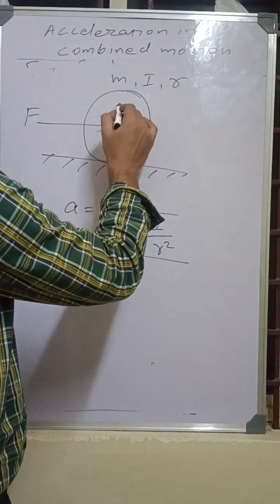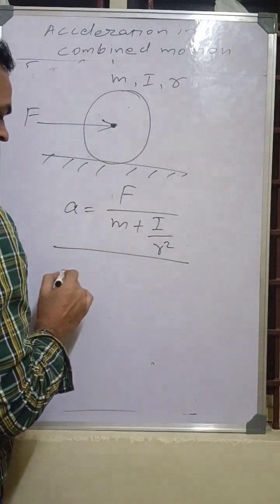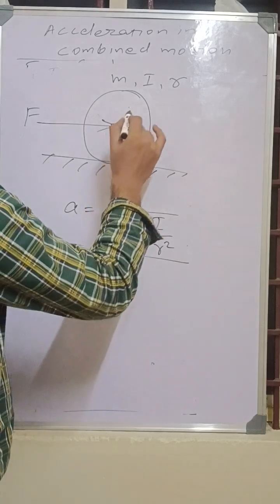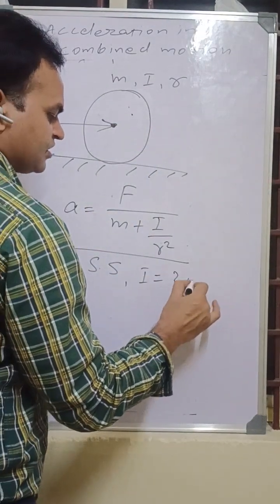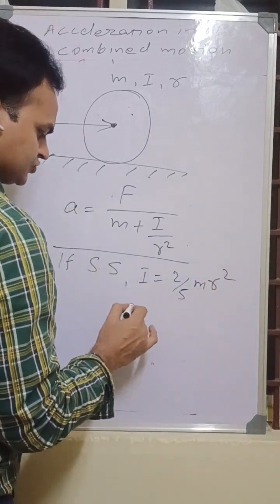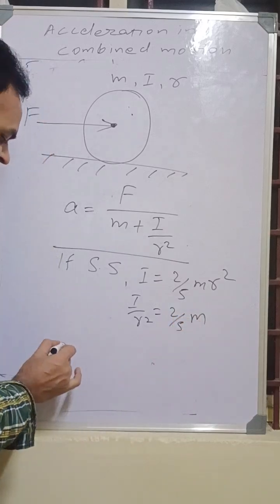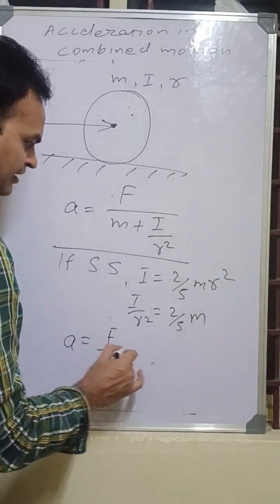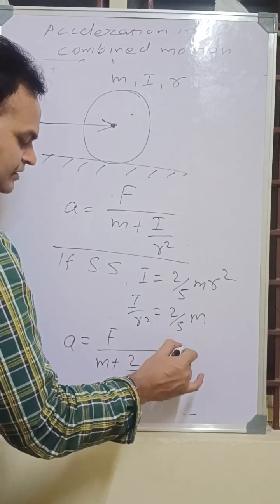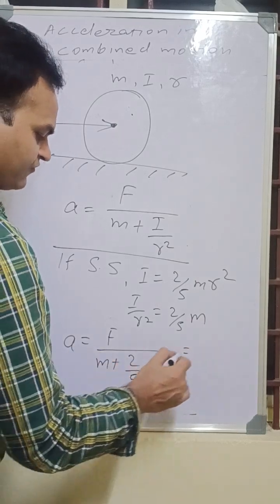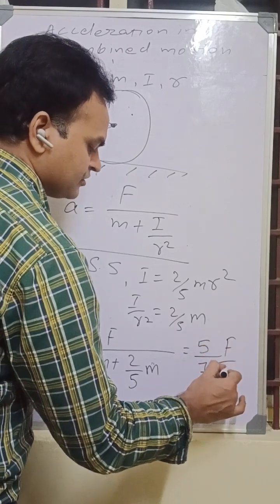Suppose it is a solid sphere. Then for a solid sphere you can write I equal to 2 by 5 mr squared, and so I by r squared can be used as 2 by 5 m. So the acceleration will be F divided by m plus 2 by 5 m, and this gives the result 5 by 7 F by m.